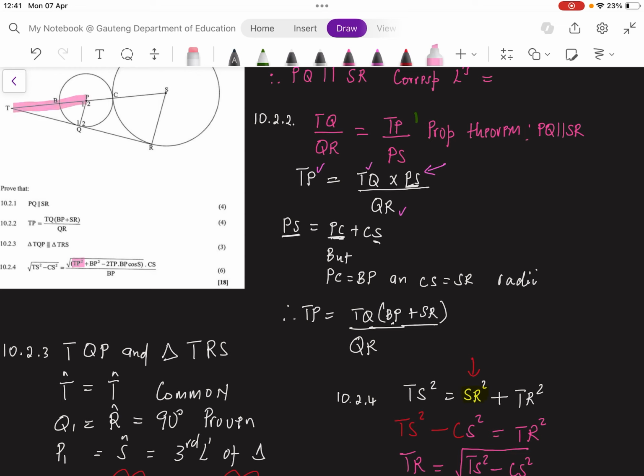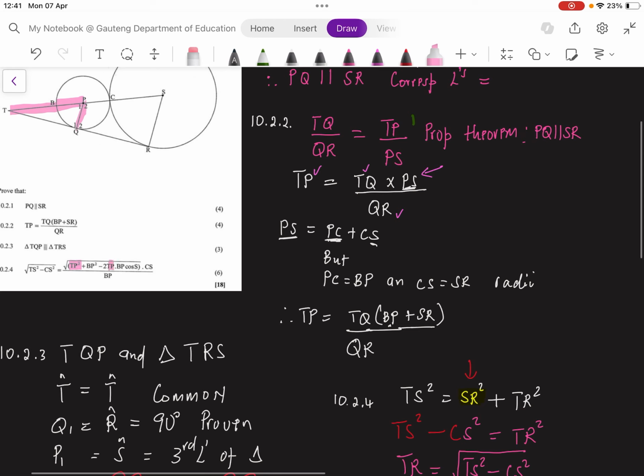Plus BP squared. Remember, BP is the same as PQ. And then TP, BP, cos of angle S. That angle there, which is the same as angle P, by the way. Remember, we have proved that these two lines are parallel.